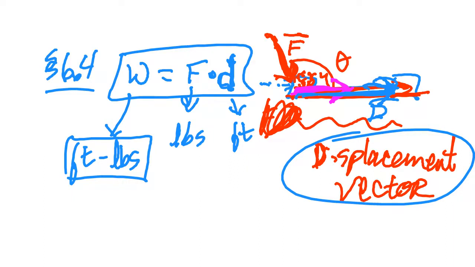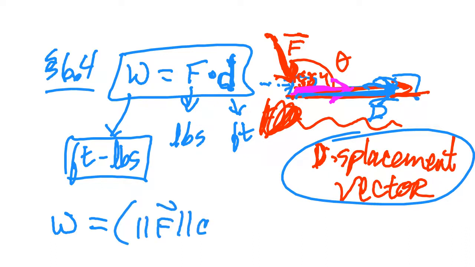Well, we're going to want the scalar projection. So the work done is going to be the scalar projection, which in this case will be the norm of F vector times cosine theta, times the norm or the size of the displacement. So the distance would be the size of the displacement vector, the norm of the displacement vector.